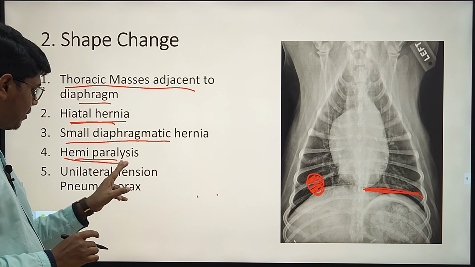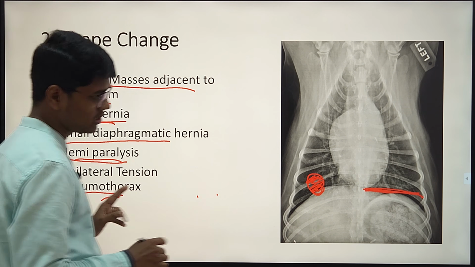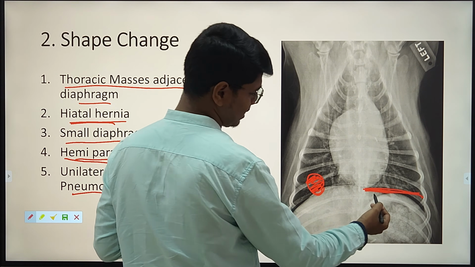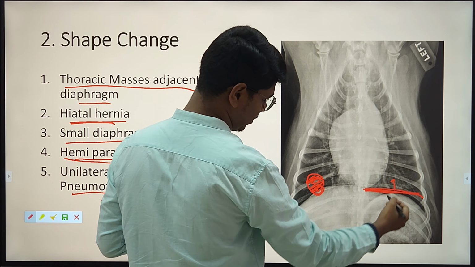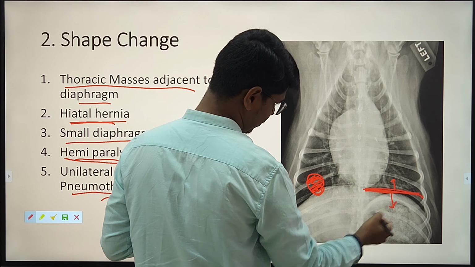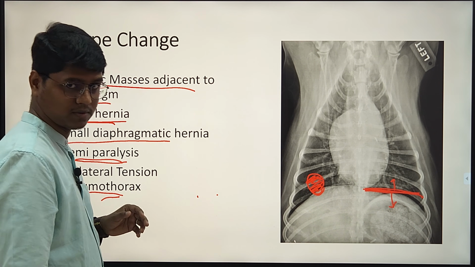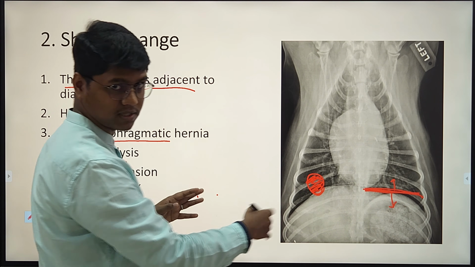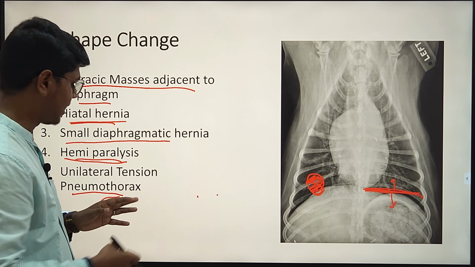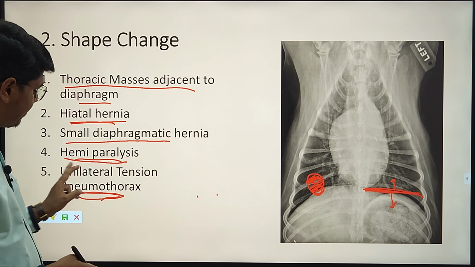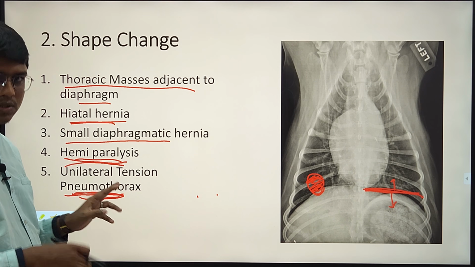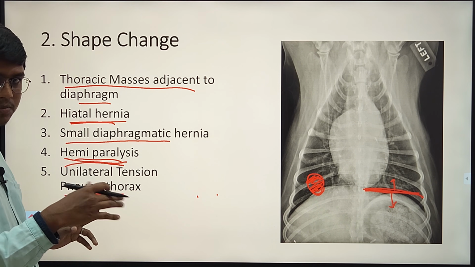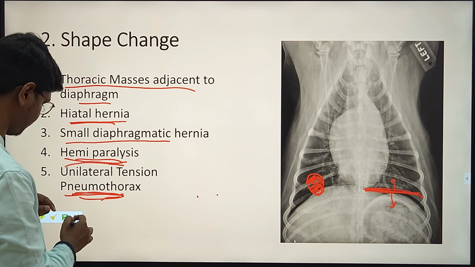See, the difference between hemiparalysis and tension pneumothorax: in hemiparalysis, the diaphragm will be shifted cranially, while in tension pneumothorax, due to pressure, the diaphragm will move caudally, compared to the normal one. Here will be the normal one. So in that comparison, you can differentiate between hemiparalysis of the diaphragm and unilateral tension pneumothorax. We will also discuss tension pneumothorax when we deal with the pleura.